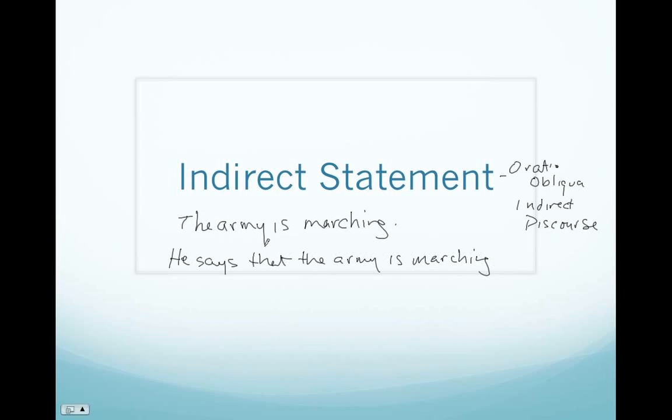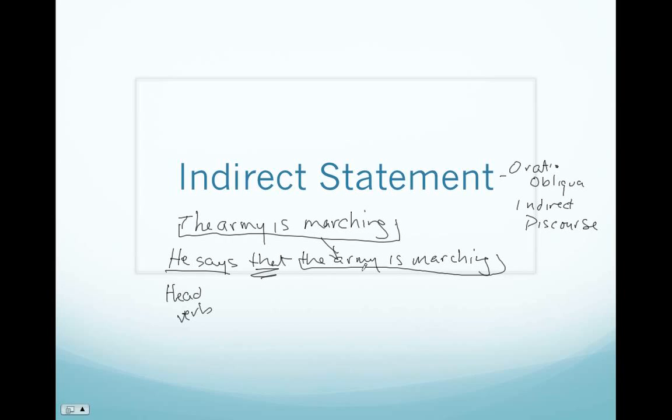In so doing, I'm taking this original direct statement and I'm putting it in the mouth of somebody else. And I do that by using a head verb, a verb of thinking or saying. In English, we use that, and then we repeat the direct statement, the army is marching.